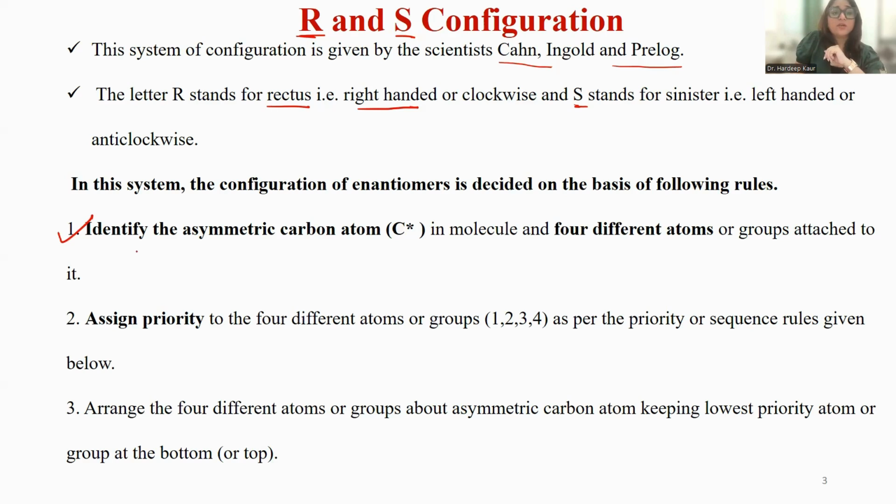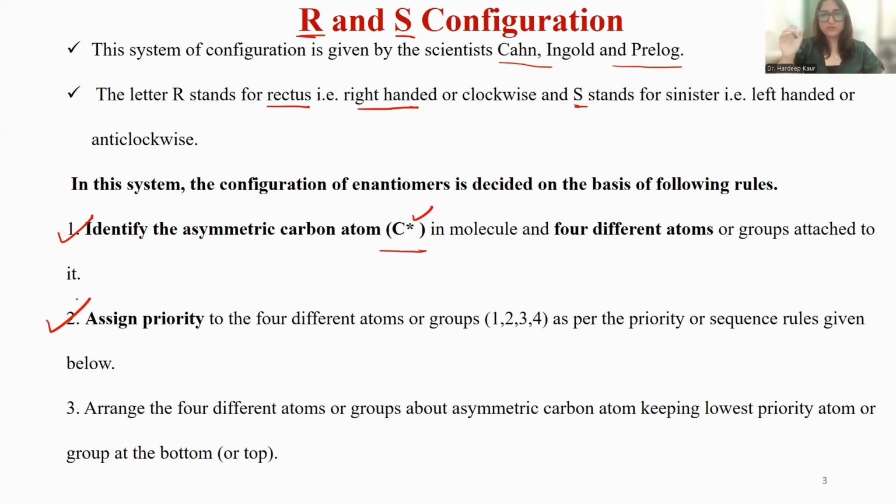The first rule: we have to check whether there is any asymmetric carbon. And if there is an asymmetric carbon, then you have to mark it with a star. And what is an asymmetric or chiral carbon? One which has four different groups attached to it. After that, you have to assign the priority, because four different groups are attached to it.